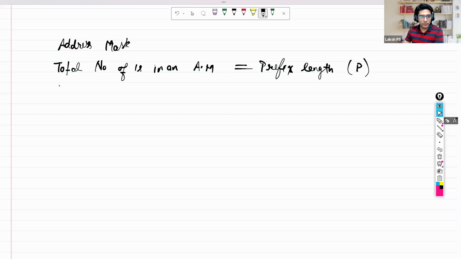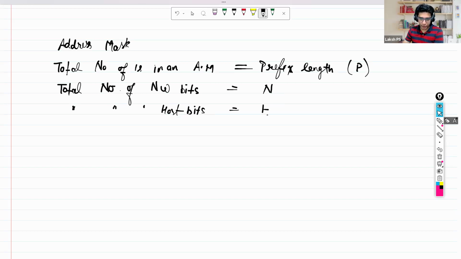Then the network bits, the total number of network bits or network octet bits, is denoted as n, or called n bits. The total number of host bits are called h bits.